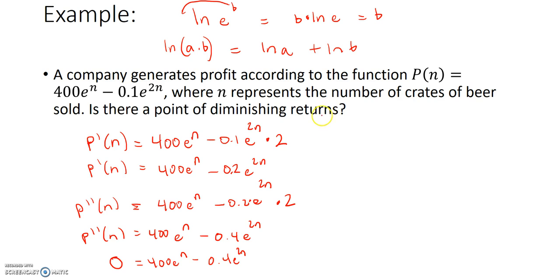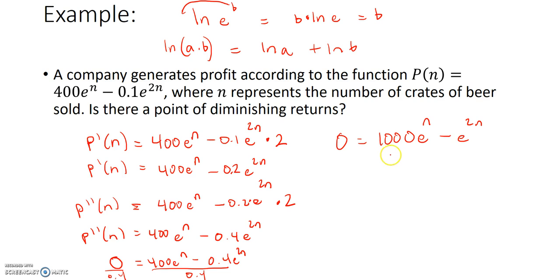To make this a little more manageable, we could either move one component to the other or divide through by a constant. So if we divide through by 0.4, we divide both sides by 0.4. That will at least eliminate one of the exponents. And so 400 divided by 0.4 is going to be 1,000 times e to the n minus e to the 2n.